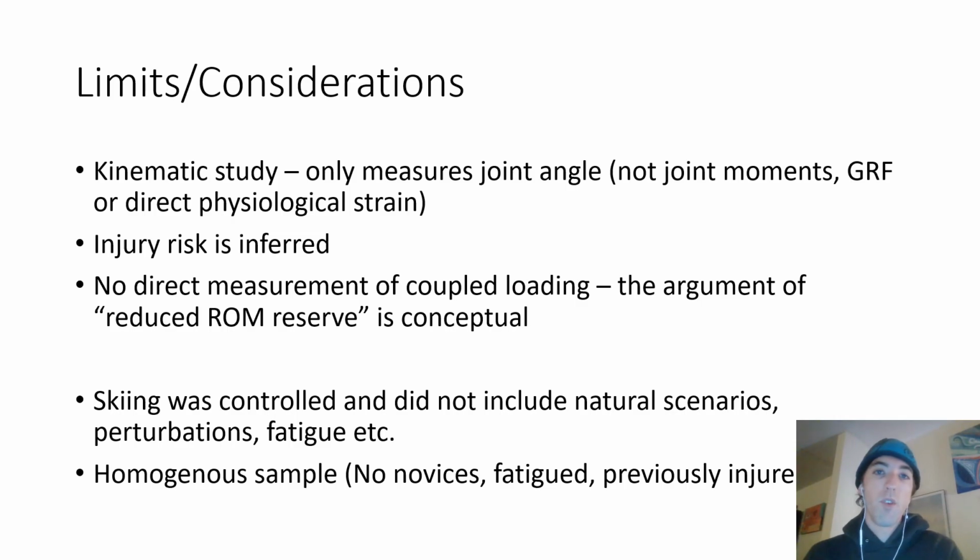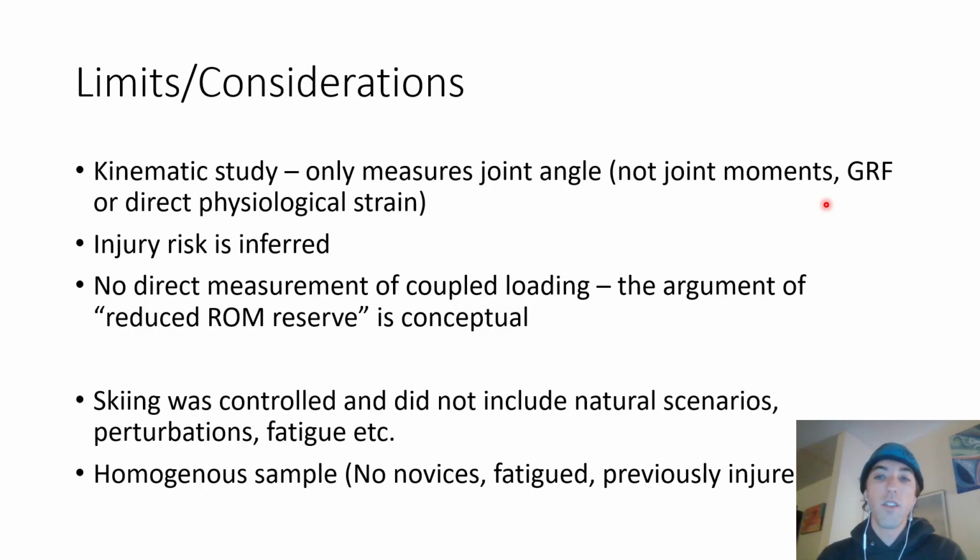And there's some reasons for that. And there's some limits to the study and things we should just consider in general. Firstly, the study is only looking at kinematics. That means we're only measuring the joint angles and not necessarily measuring the joint moments. Those are what is generated by the ski and the torque that we were talking about.